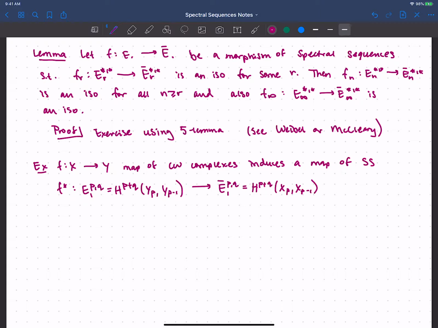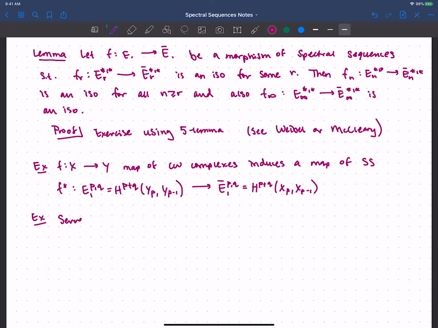And I wouldn't expect those to be isomorphisms unless these are homotopy equivalent spaces. Or I guess if they have the same homology, that would work too. Okay, so that's really nice. That's really telling us that this kind of spectral sequence is natural.